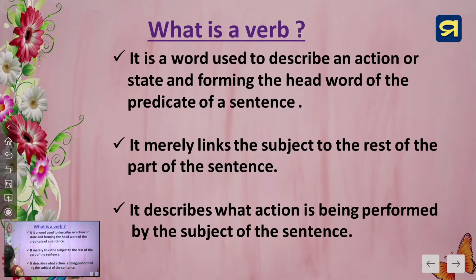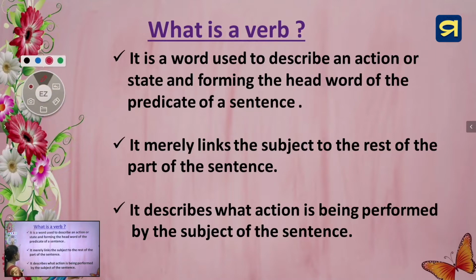Okay. Next, what is a verb? Simply we can say the action word in the sentence is called verb. But there is a definition. See, it is a word used to describe an action or state and forming the head word of the predicate of a sentence. So verb is the head word of the predicate in a sentence, and noun is the head word of a subject.